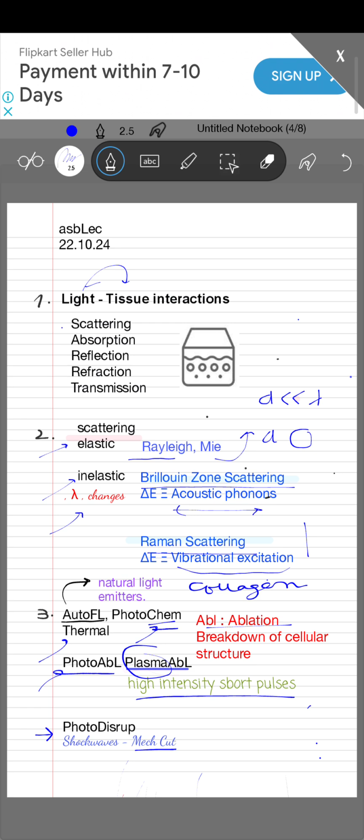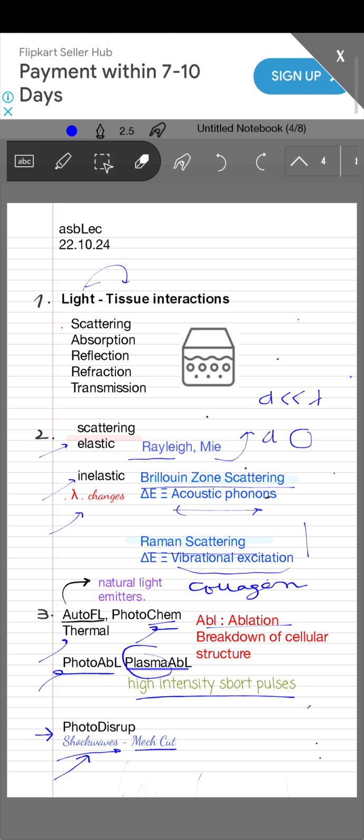This mechanical cutting takes place on generation of shock waves. These shock waves are analogous to using a mechanical cutter to cut the tissues. So these are the different properties going on.